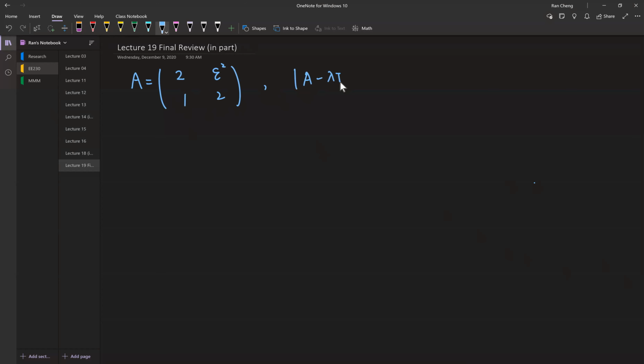So the determinant of A minus lambda I is (2 minus lambda) squared minus epsilon squared, which is lambda squared minus 4 lambda plus 4 minus epsilon squared, equal to 0.